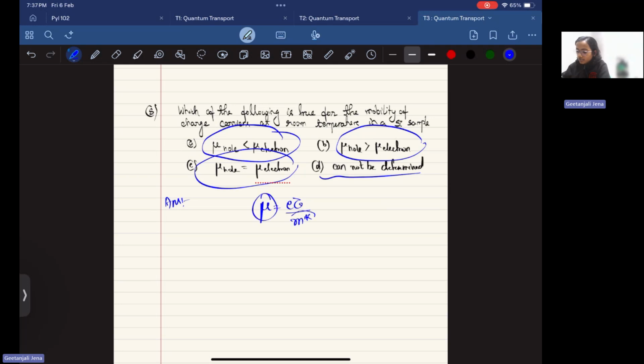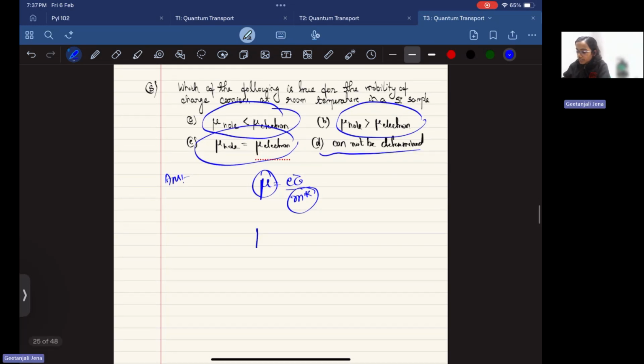So mobility is inversely proportional to the effective mass of the charge carrier. And for hole, the effective mass is less than the effective mass of electron. So that means the mobility of hole is greater than the mobility of electron. So the answer is option B.